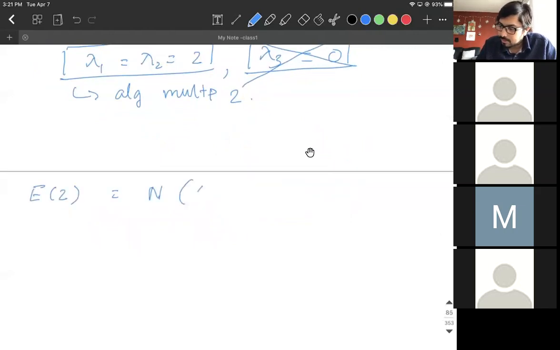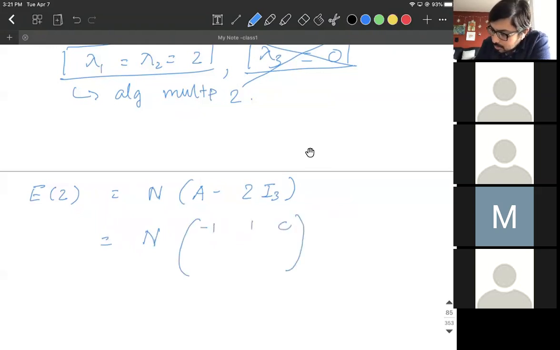So this is the null space of A minus 2I3, which is given by the null space of the following matrix: minus 1, 1, 0, 1, minus 1, 0, and the third row is all zeros because the last entry is 2.